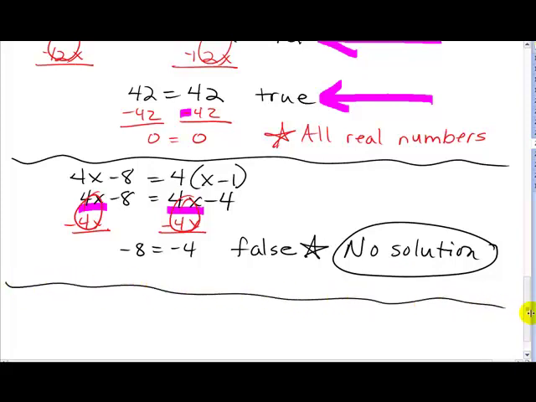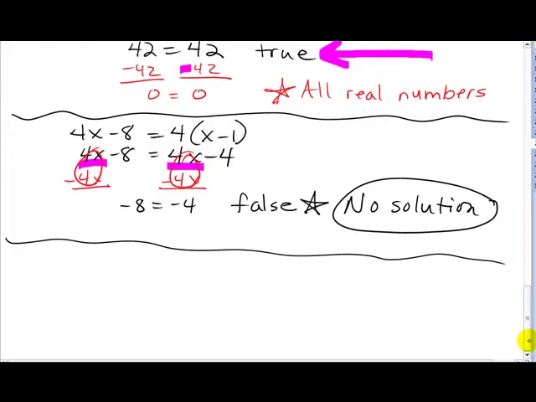All right. Let's look at some more equations. If we have decimals in an equation, we have the same choice that we have with our fractions. We can work with them or we can get rid of them.